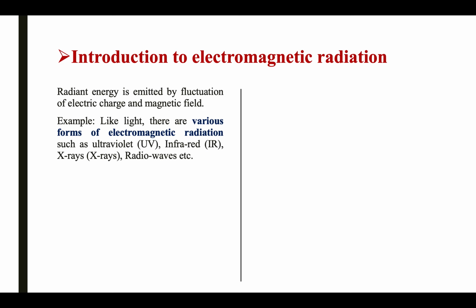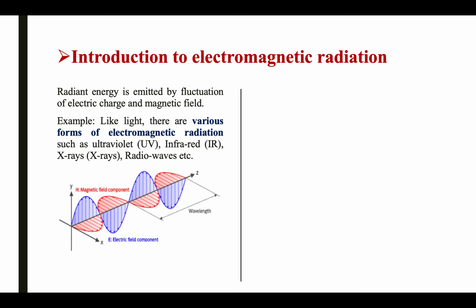For example, like light, there are various forms of electromagnetic radiations such as ultraviolet, infrared, X-rays, radio waves, etc. Ultraviolet we generally denote by UV, infrared by IR, and X-rays are denoted by X-rays. So this is the general electromagnetic radiation diagram.